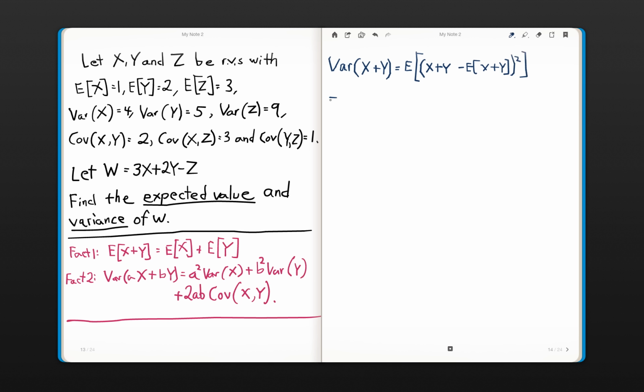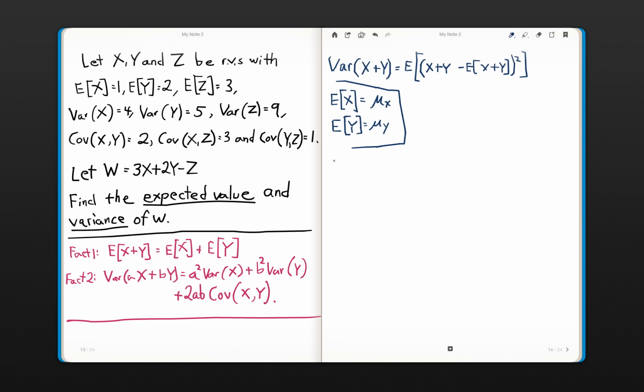Now I'm going to use a little algebra here, and I want to redefine a few things. A lot of times in math it's easier to redefine notationally some of these parameters just for ease of exposition. So I'll let the expected value of x equal mu sub x and the expected value of y equal mu sub y, like that.